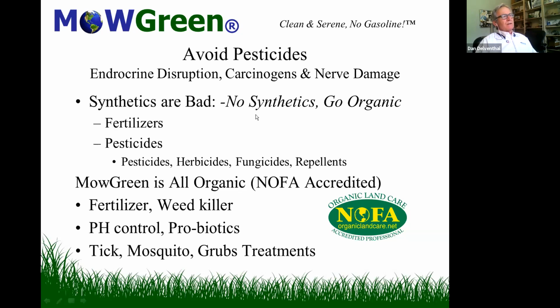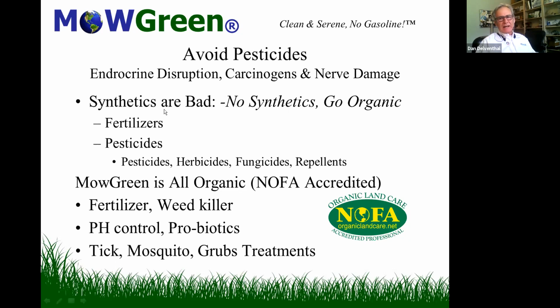So the third area of how to help support the green corridor, avoiding pesticides, is pretty important. Pesticides are endocrine disruptors, carcinogens, and they produce nerve damage. It's terrible: pets, old people, all people, workers, nature.